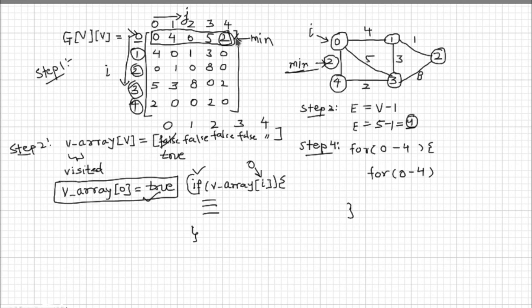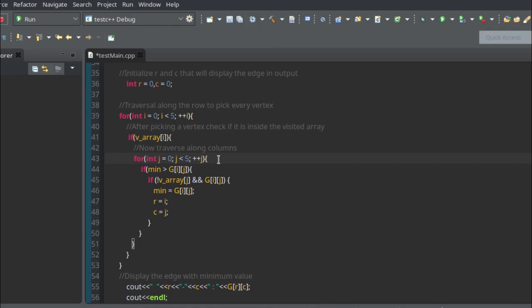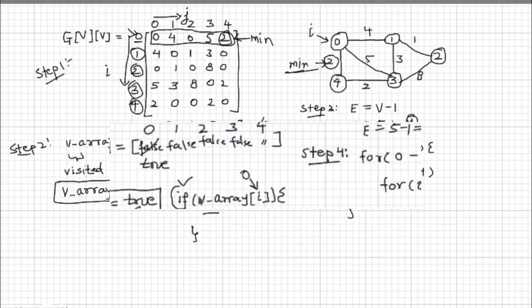And remember that the particular row represents all the edges that are connecting to this vertex that we have picked in the visited array. So here you can see I have written an if statement which says that if the value of min is greater than the value at the j position, then only we are going to proceed with the algorithm. So let's see what this means.